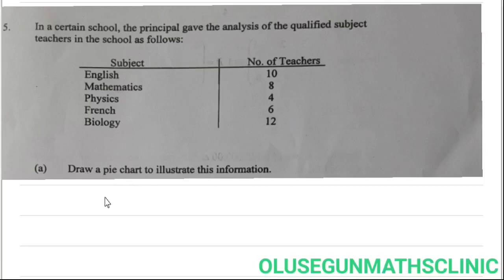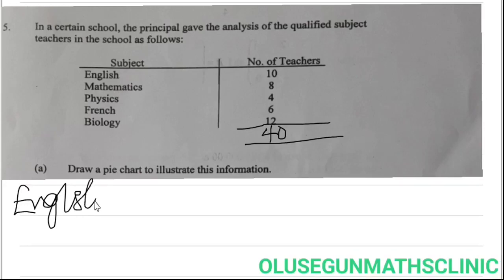So, he said we should draw a pie chart to illustrate this information. So, how do you draw the pie chart? The first thing you do is to round up the total number of teachers. By the time you add everything up together, this will give you 40. So, since we have 40, let's put it in 360 degrees.